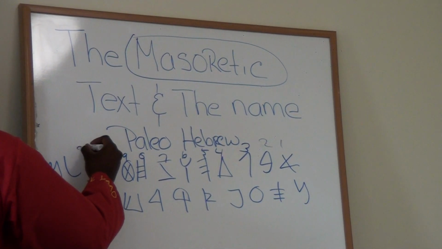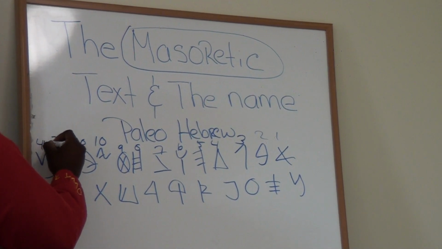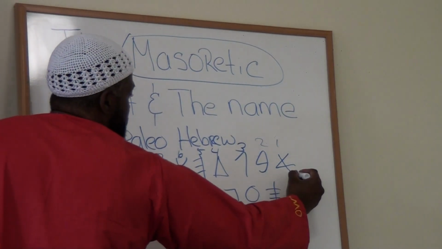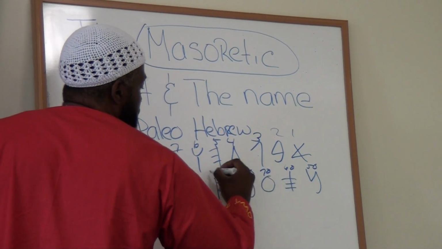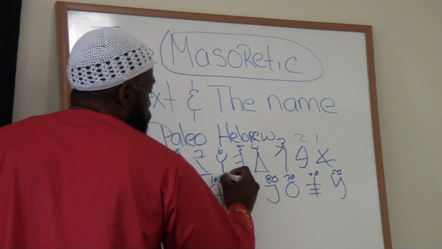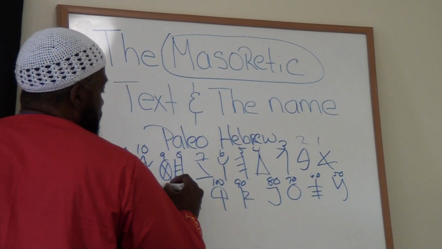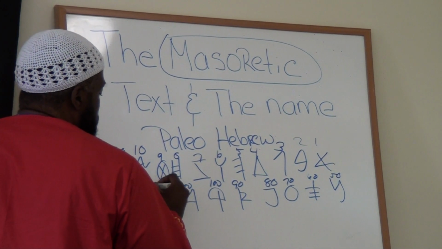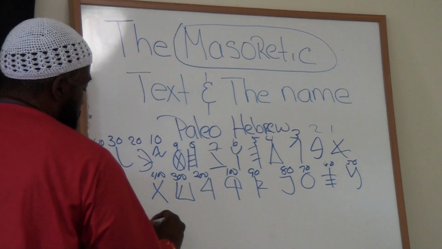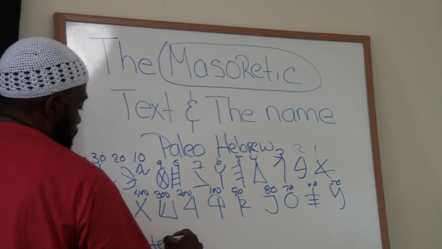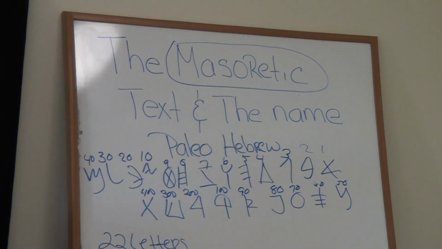The Kaf now represents the number 20, the Lamed, the number 30, the Mem, 40, the Nun, 50, 60, 70, 80, 90. The Kuf represents the number 100. The Resh represents the number 200, 300, 400. There are 22 letters in the Hebrew alphabet. And Hebrew is read which way? Right to left. Right to left.